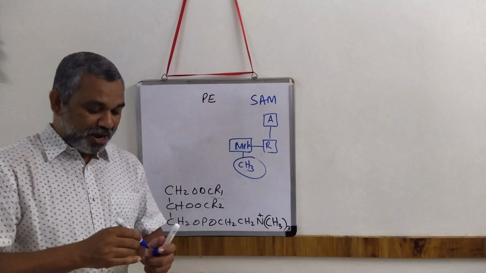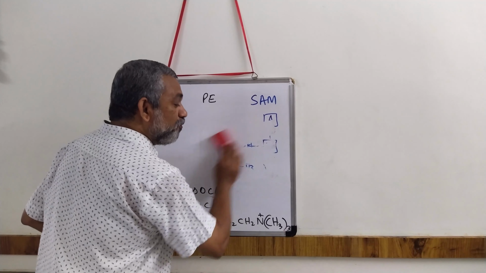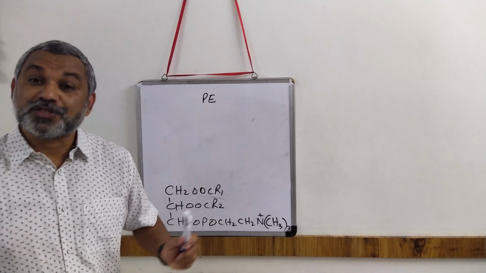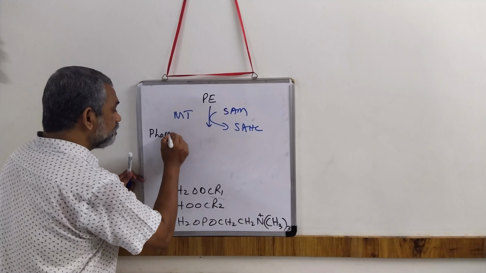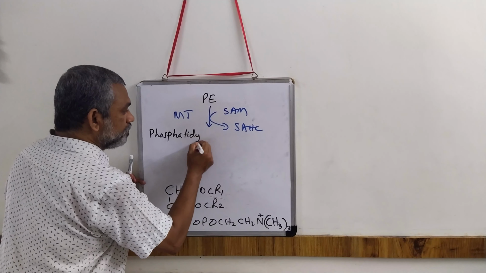Let us see how we make phosphatidylcholine from phosphatidylethanolamine. Step number 1: SAM is added and S-adenosyl homocysteine is removed. It is catalyzed by an enzyme known as methyl transferase. One methyl group is transferred to phosphatidylethanolamine and we get phosphatidyl monomethyl ethanolamine.